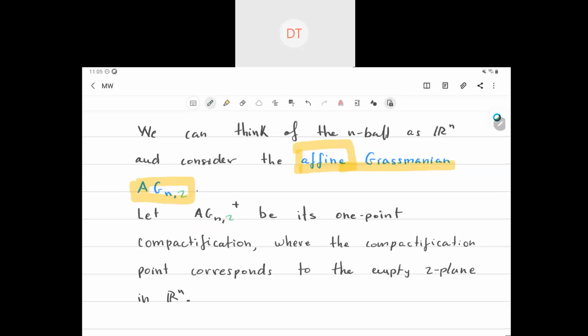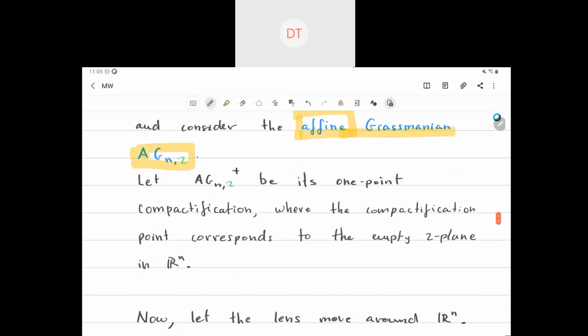The trick here is that we need an extra point of the affine Grassmannian to stand for the empty ball, the empty lens. So let's add a point to the affine Grassmannian by compactifying it, and we say that that point corresponds exactly to the empty configuration, the empty two-plane in Rn.